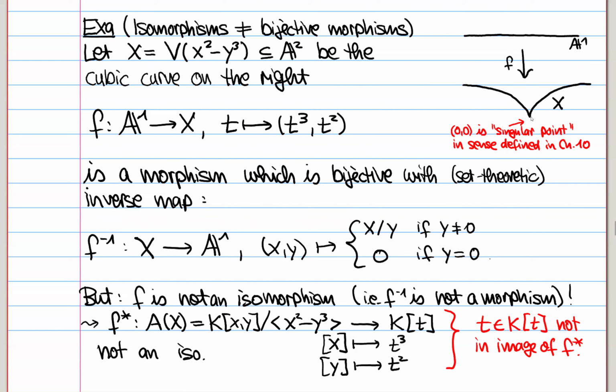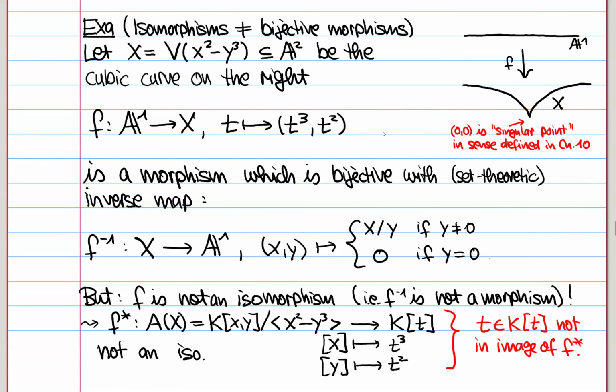So this is one of these power functions with rational exponent, if you like. And you see somehow this is a sort of singular point in the sense that we define later. So something might go wrong at this point, whatever we want to do.